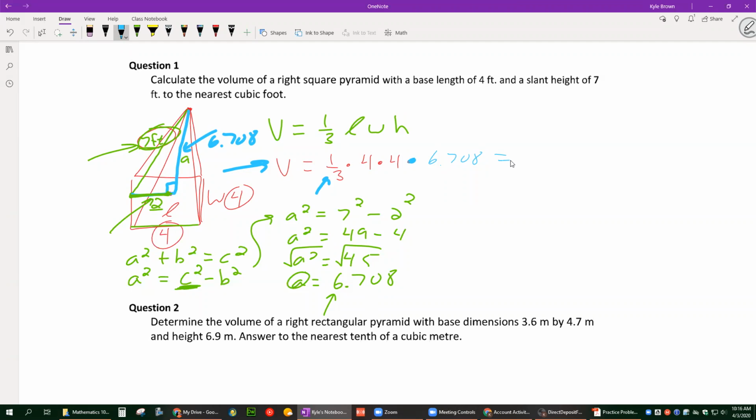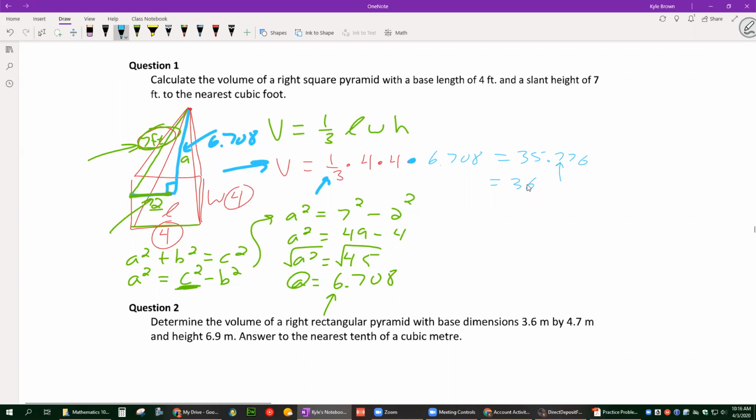We end up with 35.776. Really, in the end here, it'd be good if you rounded this up. That's 7 up, so 36.